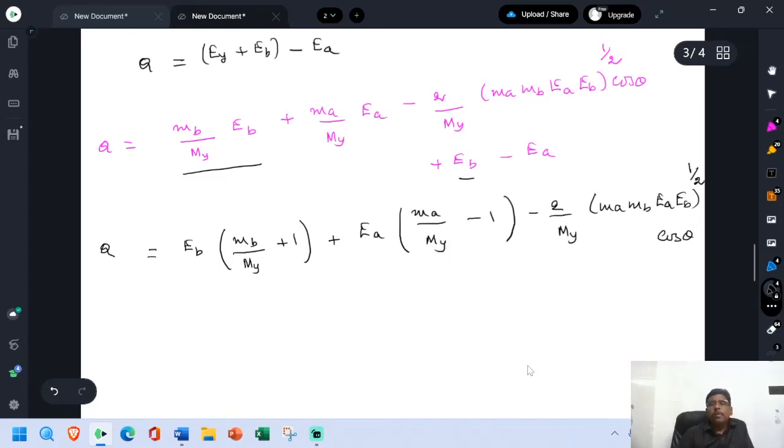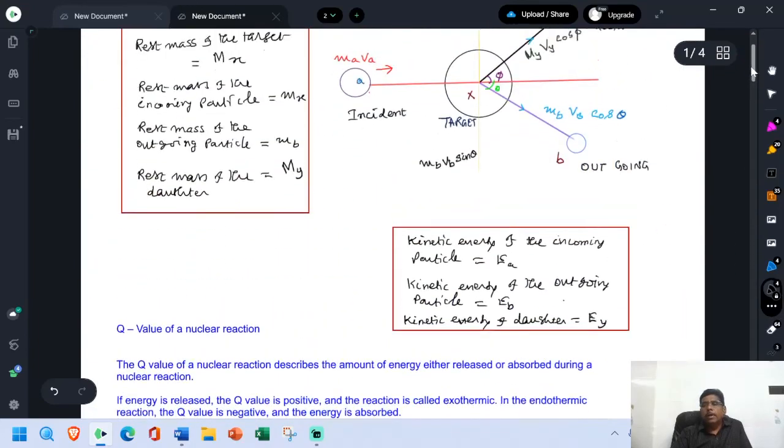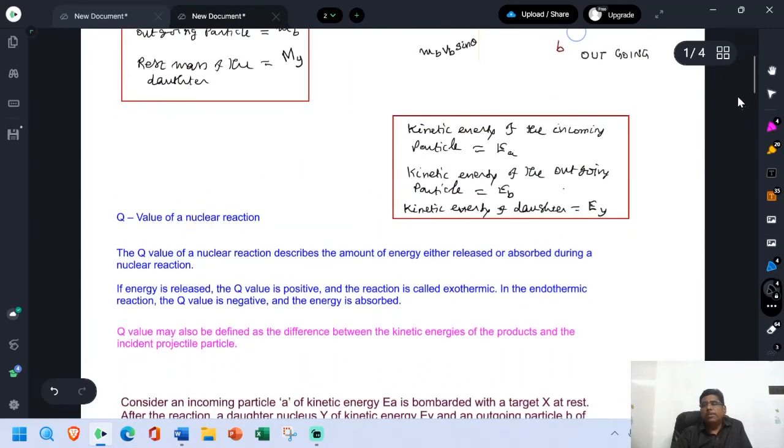Now, if you consider that the daughter nucleus and the outgoing particle are coming out in the normal direction to the incident particle, the value of theta is pi by 2.